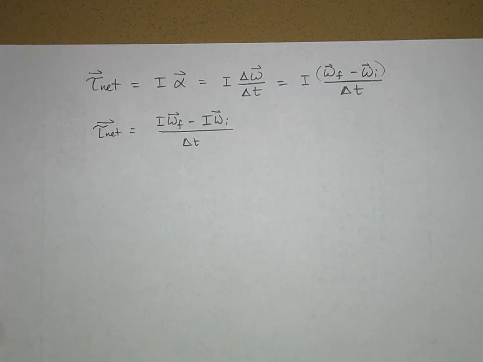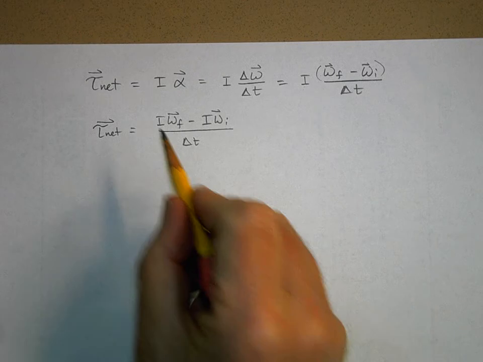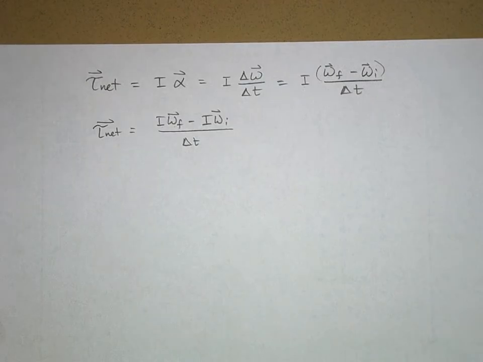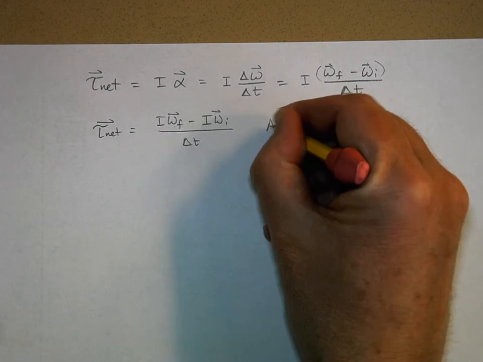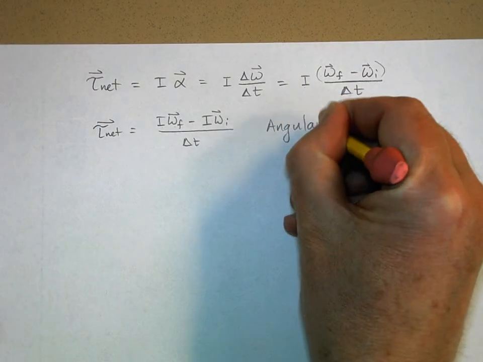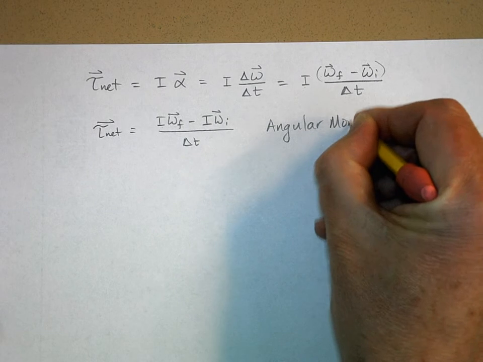And now I've got something quite interesting. I've got this product of rotational inertia and angular velocity. And we're going to give that a name. We're going to call that angular momentum.